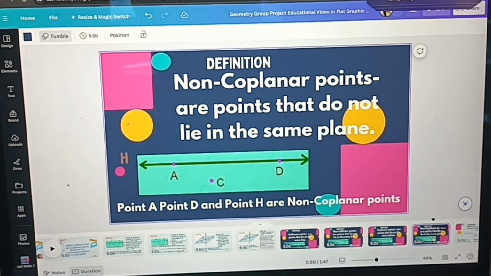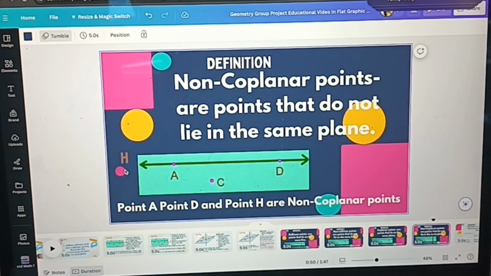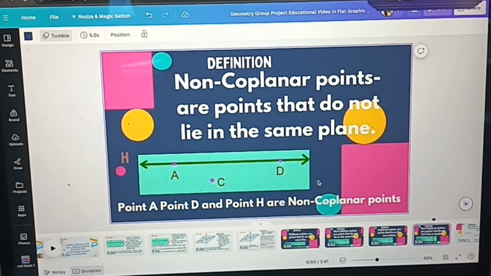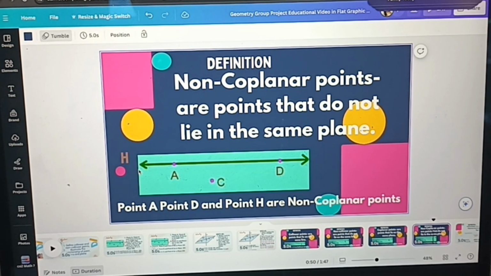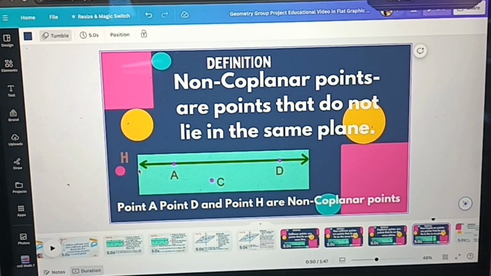Given example here, we have point A, point D, and point H are non-coplanar points. Ibig sabihin, 2 points, your point A and point D, are inside this given plane plus 1 point outside your given plane. We can also name point A, point C, and point H, as long as you include at least 1 point outside your plane, and that is non-coplanar points.